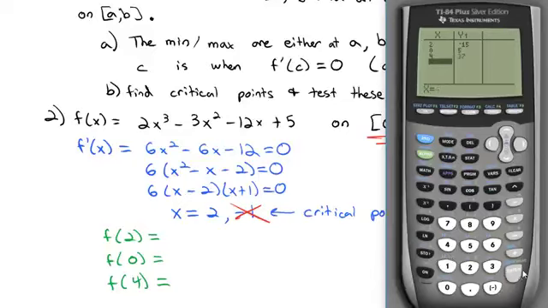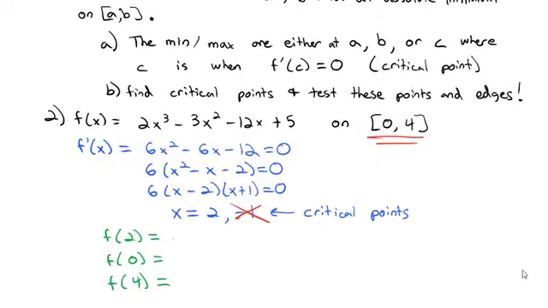And you see our y's are negative 15, 5, and 37. And we can see on there that negative 15 is the minimum number. The 37 is the maximum number.